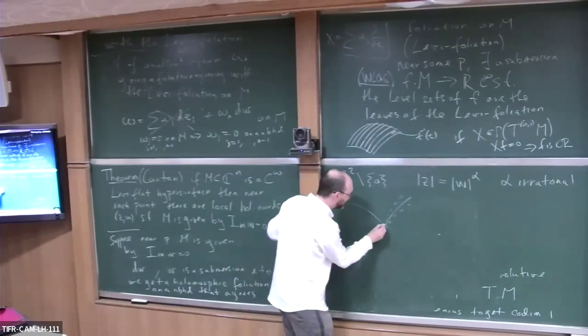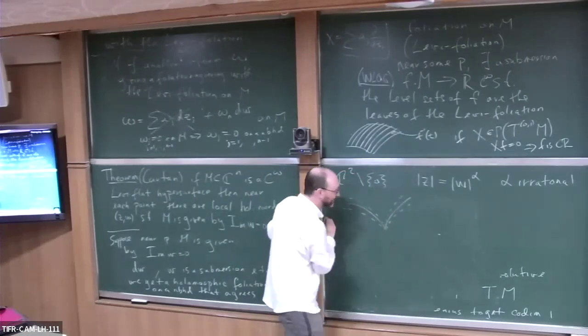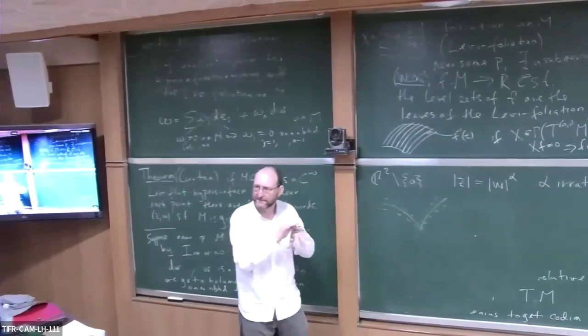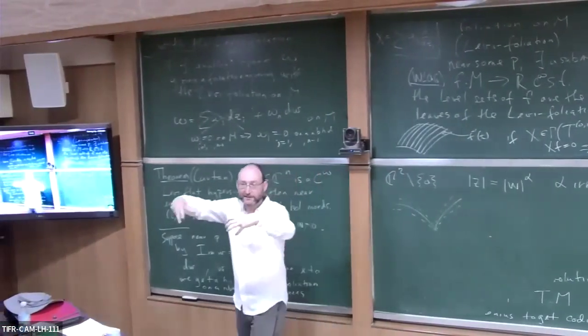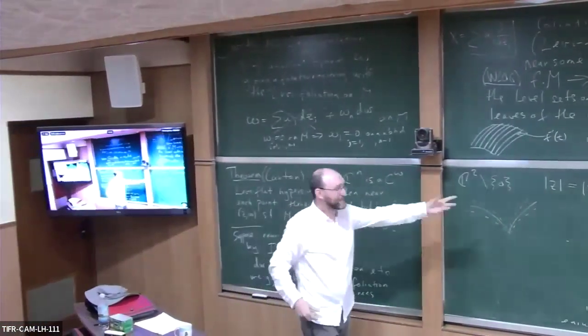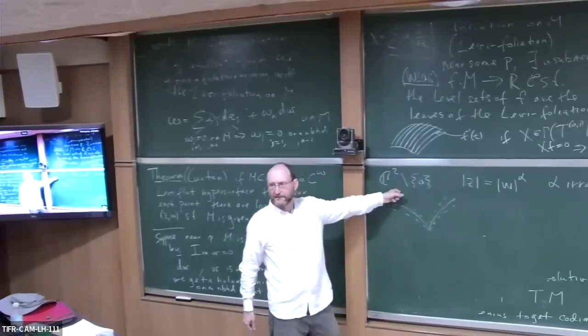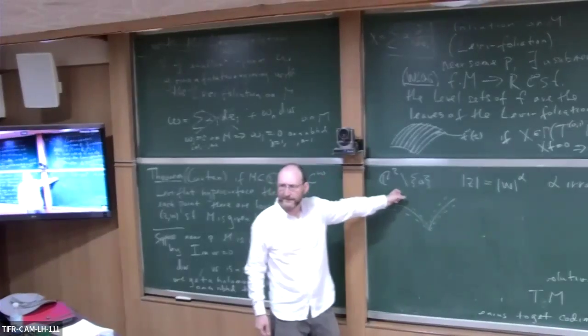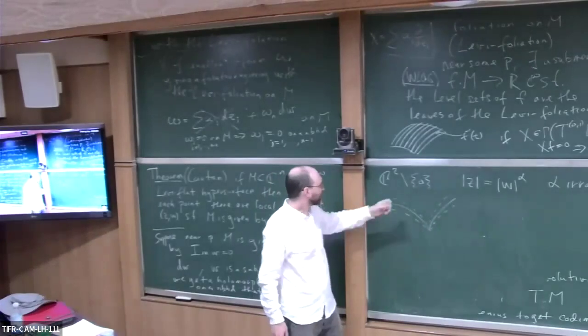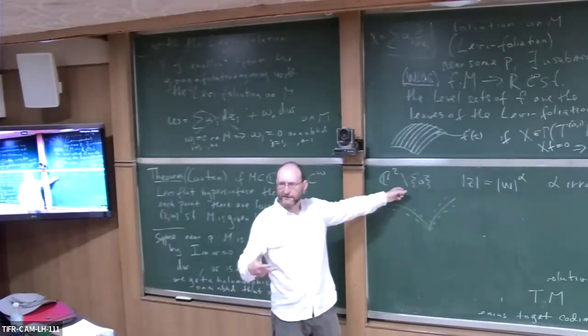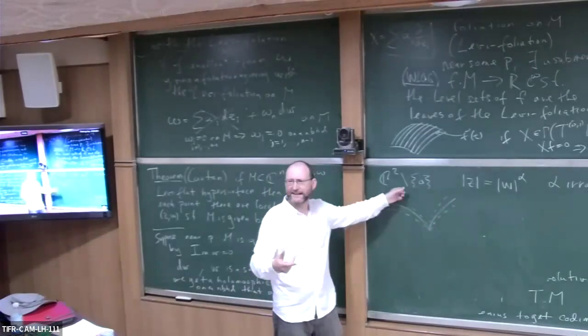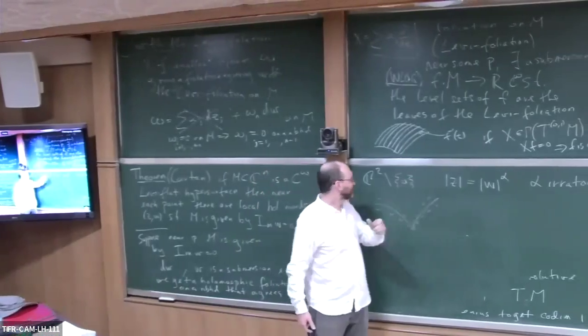So the neighborhood where the foliation would happen is something like this; you could extend it to a foliation in some neighborhood of this, not this. Can anybody say why I can't extend it?